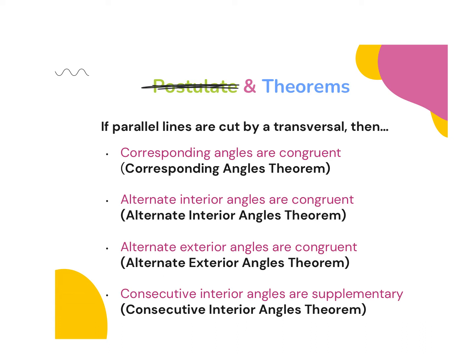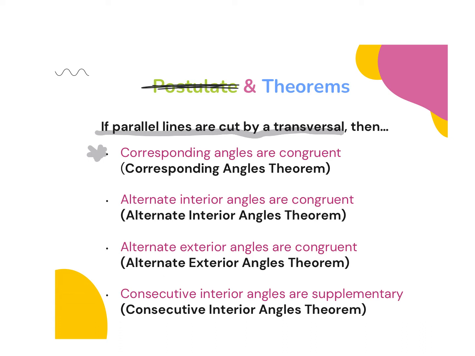They're all going to start out with the same beginning. If parallel lines are cut by a transversal, then corresponding angles are congruent, and that's the corresponding angles theorem.